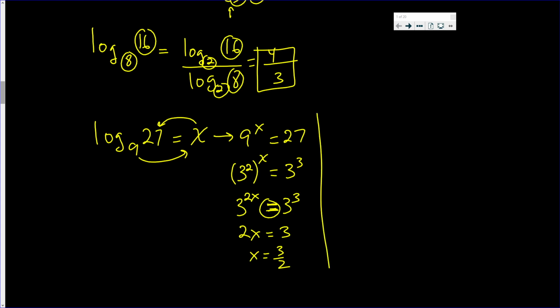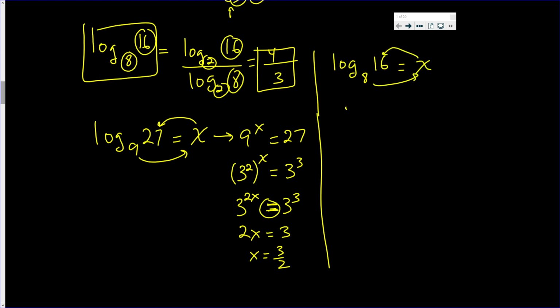Now, we could have done this one in a similar fashion. You have log base 8 of 16 is x. That means 8 to the x is 16. And when you look at this, you say, oh, 8 is a power of 2, and 16 is a power of 2. But again, if you saw that, those are the same two numbers, 8 and 16, that we're now realizing can be expressed as a power of 2.